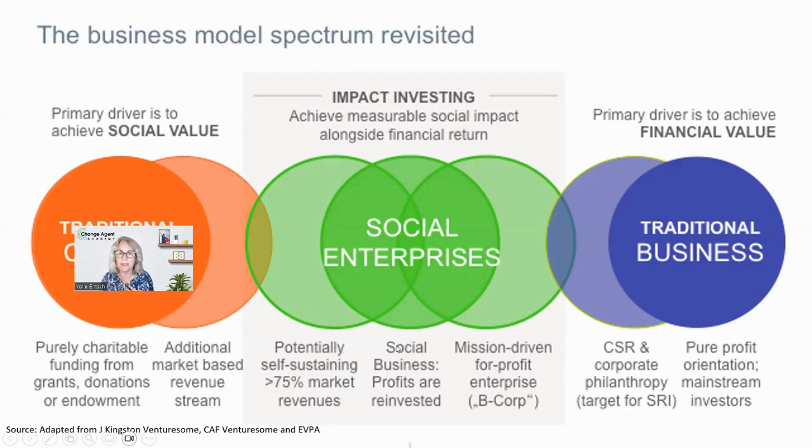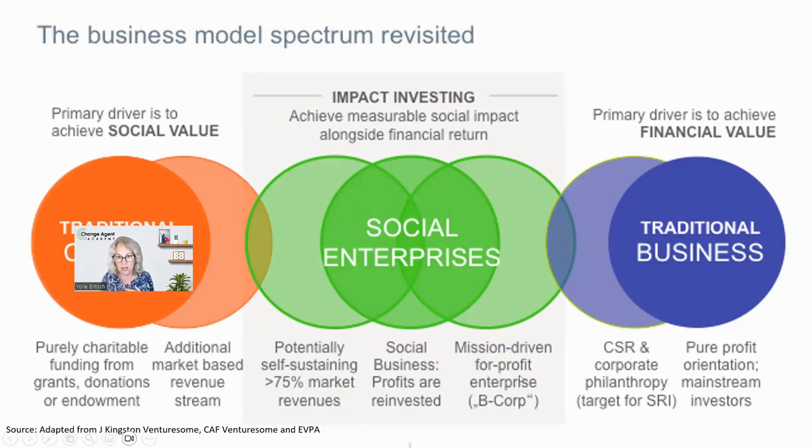Then you could be, if you don't want to be a not-for-profit legal structure, a social business that looks at 50% of your revenue is reinvested. Now, that social business could be a not-for-profit structure or a for-profit structure. Now, the for-profit structure is a proprietary limited.